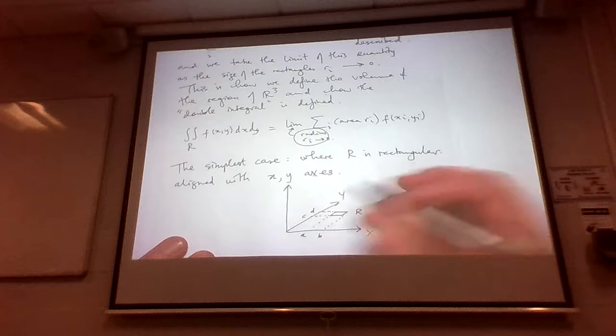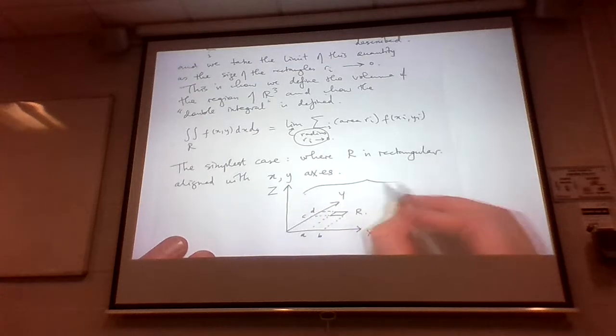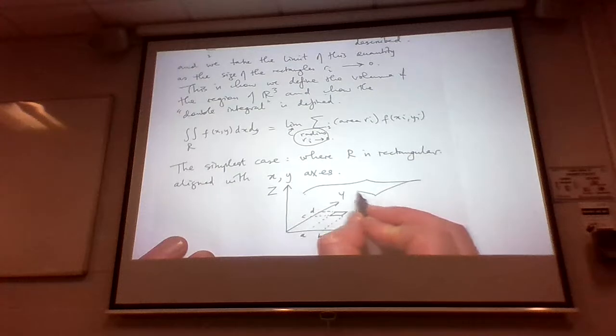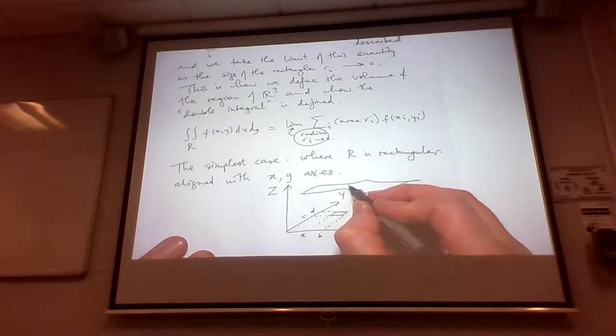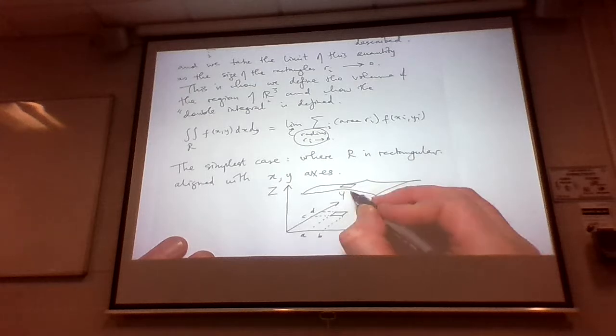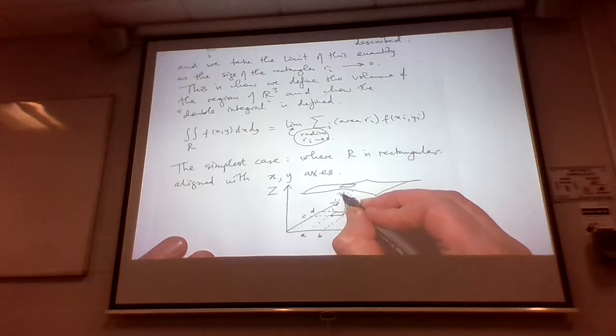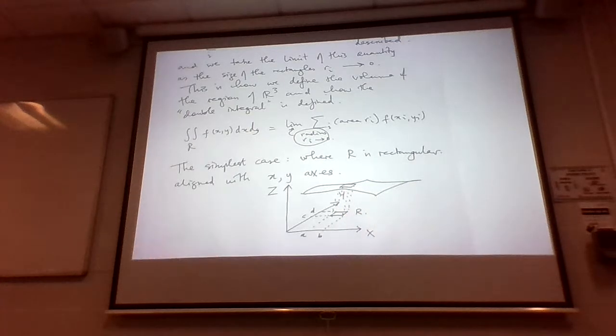And here's our z-axis, and we've got our surface lying above here. And we're talking about the volume of this part. There's a slightly better version of that diagram on page 28.